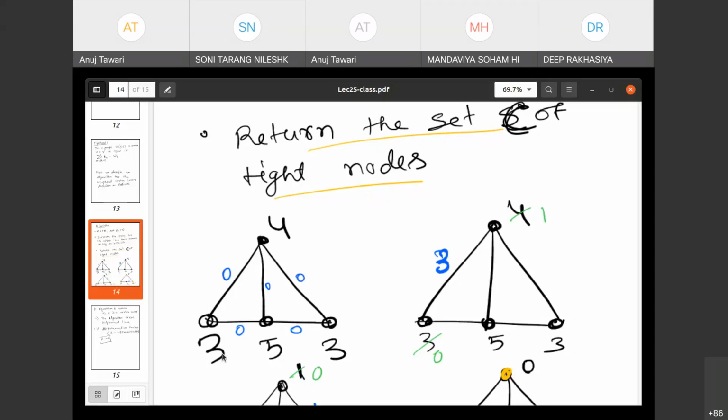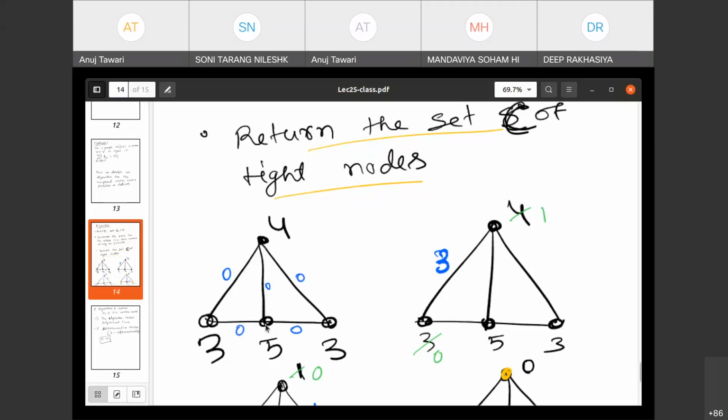So what's the smallest vertex cover weight here? We can't pick 3 and 3 because then 4, 5 will remain uncovered. We can neither pick 3 and 4 because then this particular edge will remain uncovered. Similarly, we can't pick 3 and 4, this particular edge will remain uncovered.